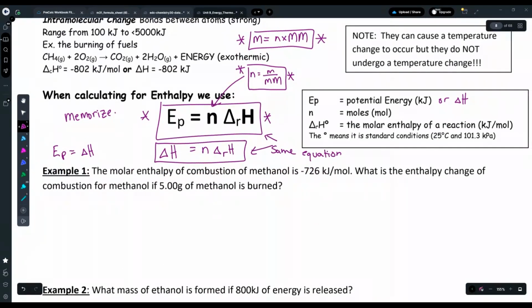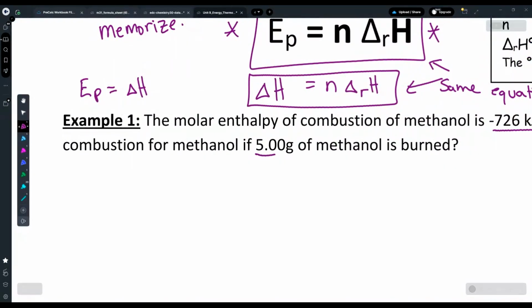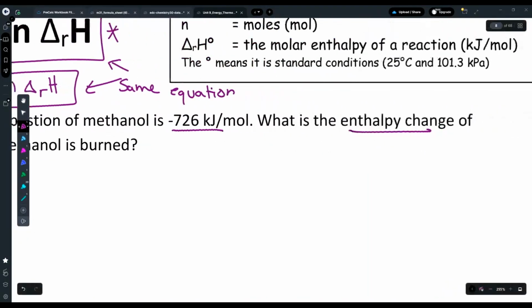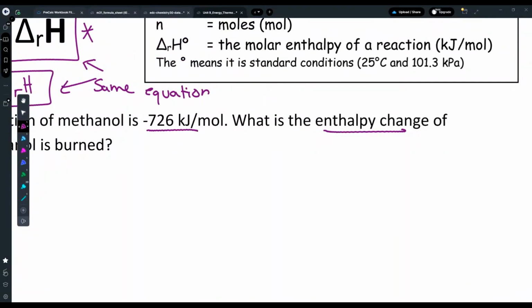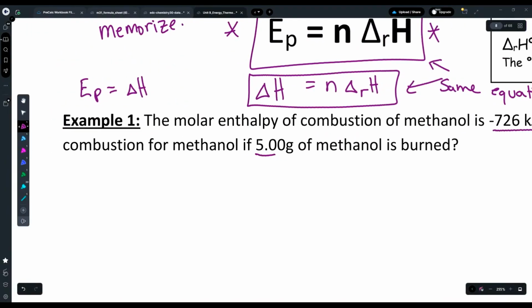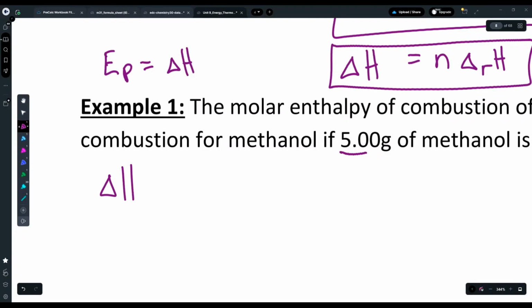All right, example 1. The molar enthalpy of combustion of methanol is negative 726 kilojoules per mole. What is the enthalpy change of combustion for methanol if 5 grams of methanol is burned? Let's do our list of givens. Since it asks us what is the enthalpy change, we're looking for delta H, so we have no clue yet.